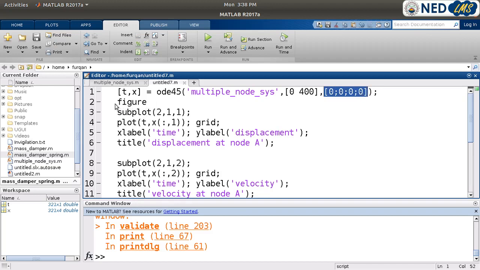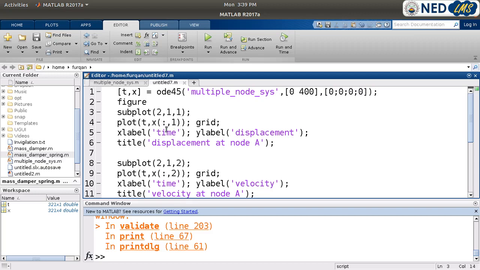This figure represents a new figure. So subplot 2, 1, here we are creating two areas in a single figure, and I am using the first area to plot t, x1.